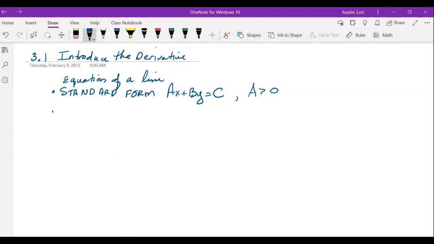You are probably most familiar with your slope intercept form. And what is your slope intercept form? When you think of an equation of a line, it should be what comes to your head.